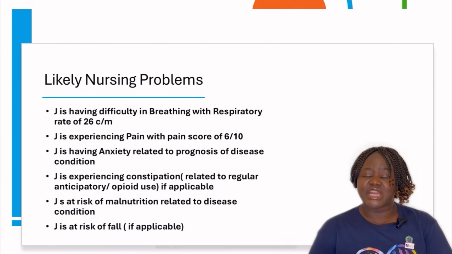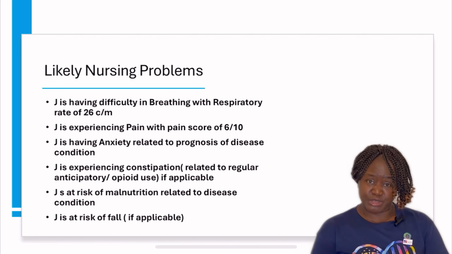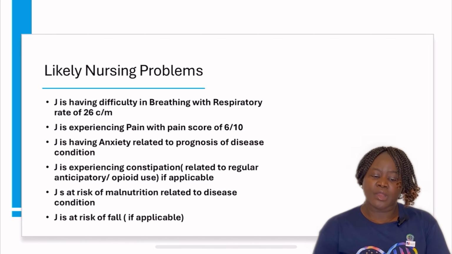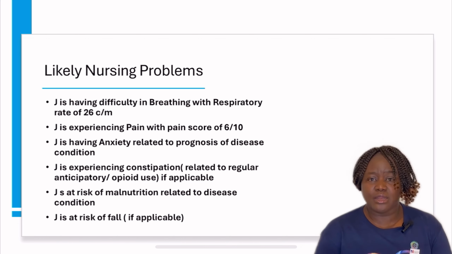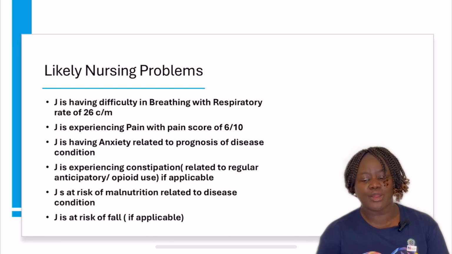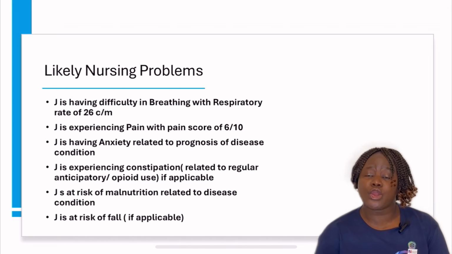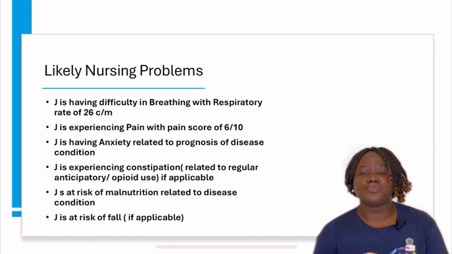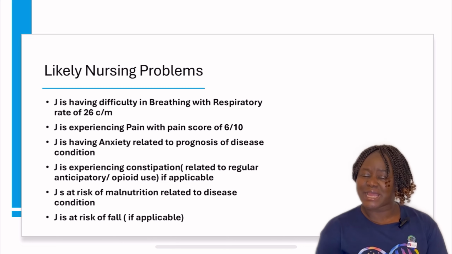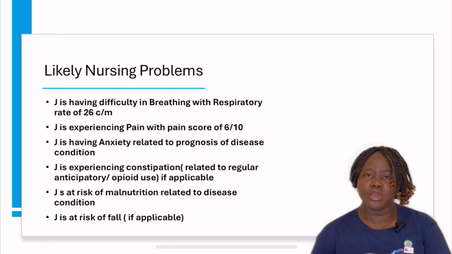We can say James is experiencing shortness of breath with a respiratory rate of 26. James is experiencing pain with a pain score of 6 over 10. James is having anxiety related to the prognosis of his disease condition. James is experiencing constipation due to regular use of opioid and anticipatory medications, if that is related to your scenario.